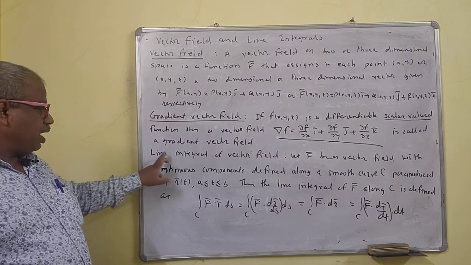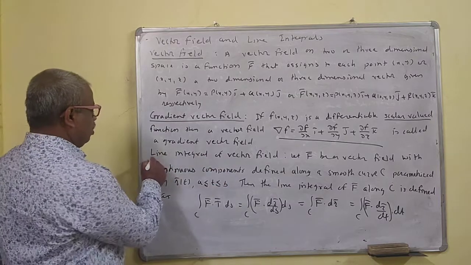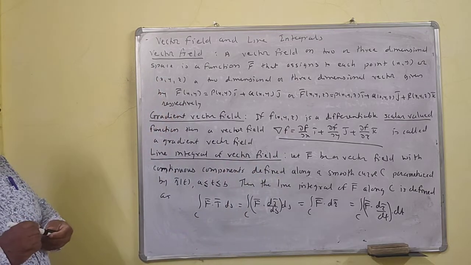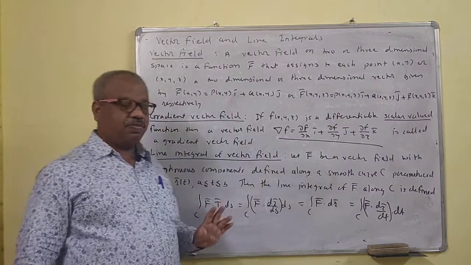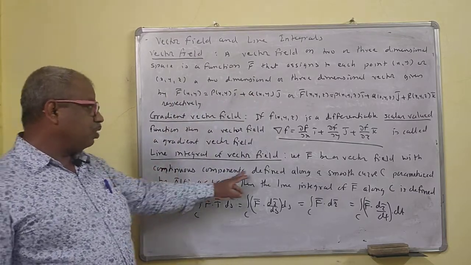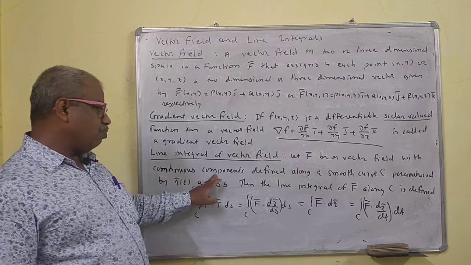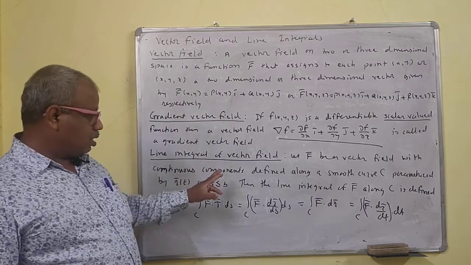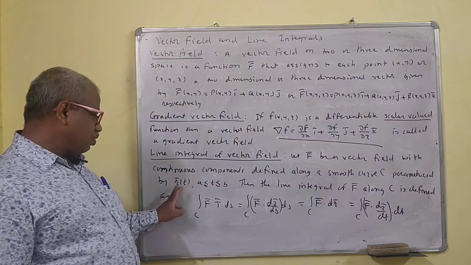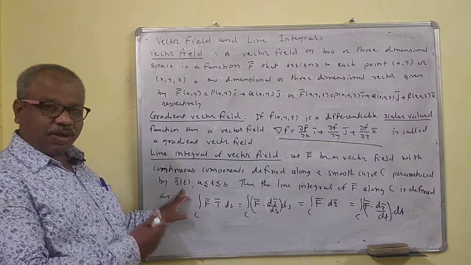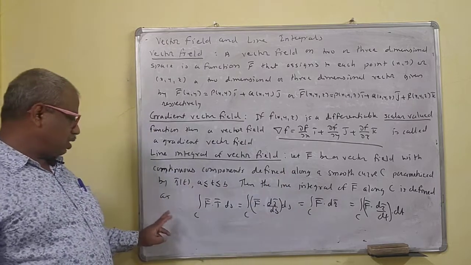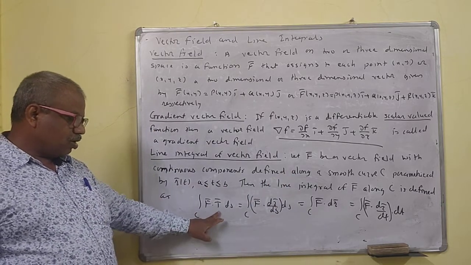Now the line integral of a vector field, which is the important point here. Let F bar be a vector field with continuous components, defined along a smooth curve C that is parameterized by r bar of t. We are familiar with how to parameterize. Then the line integral along C is defined as the integral of F bar dot T bar ds.